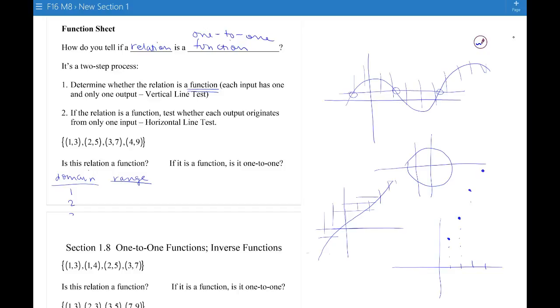If I have a domain of 1, 2, 3, and 4, and a range of 3, 5, 7, 9, and 1 goes to 3, 2 goes to 5, 3 goes to 7, and 4 goes to 9, this is a function since each input has one and only one output, and it is one-to-one, because if we look backwards, each output came from one and only one input. So this is a one-to-one function.